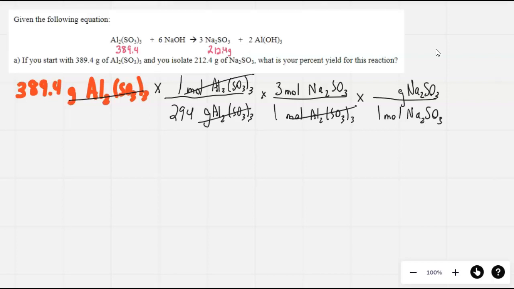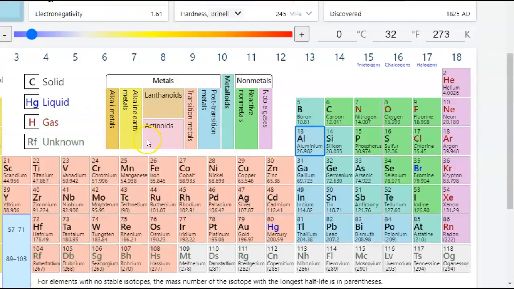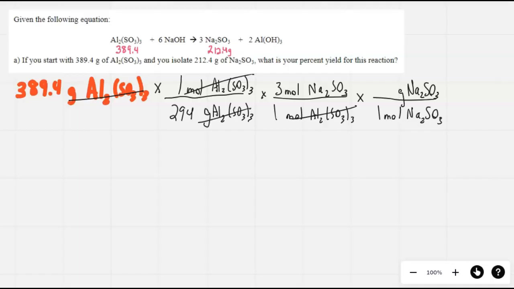Anybody get anything? I get 126. Let me double check that. Sodium's 23, so 23 times 2 is 46.